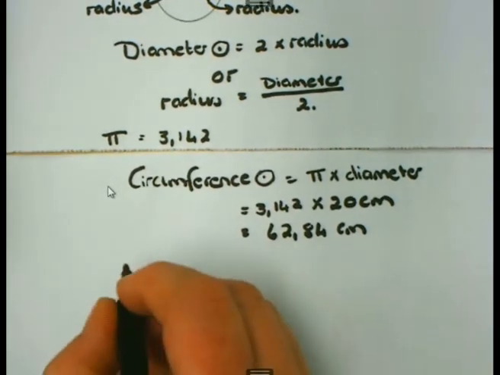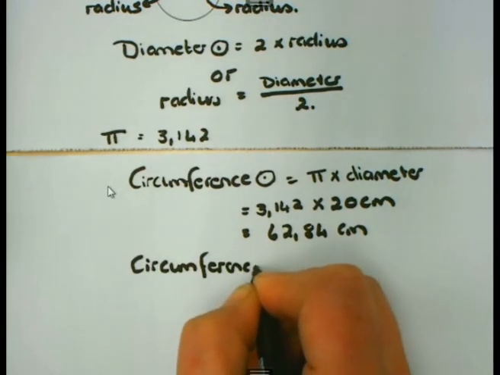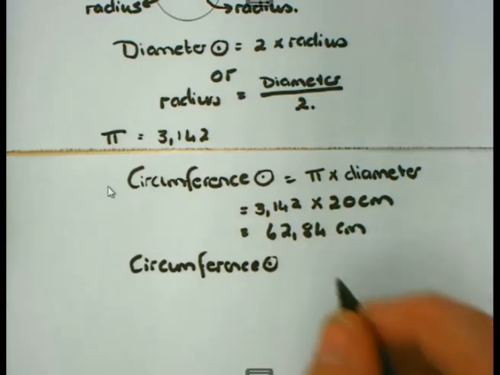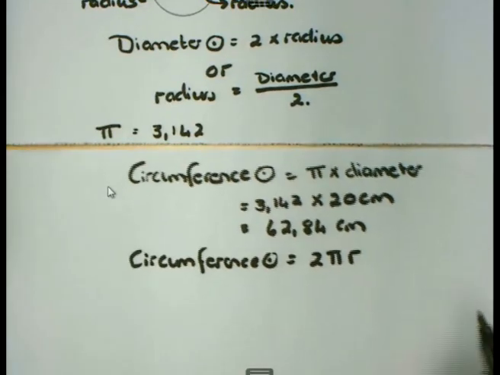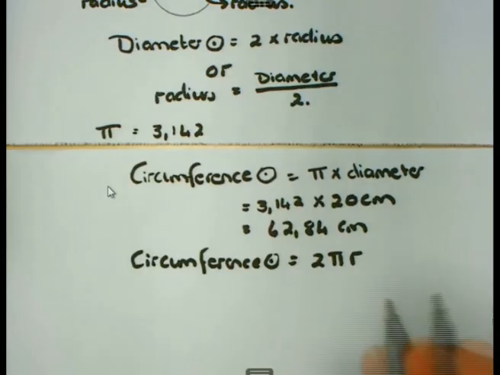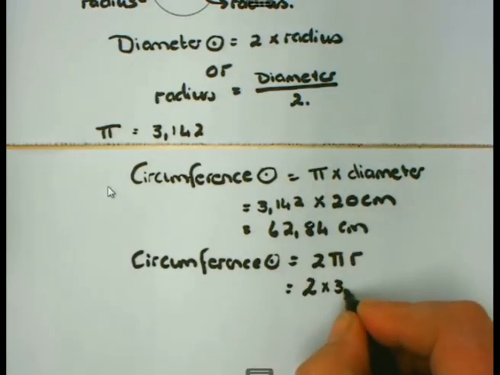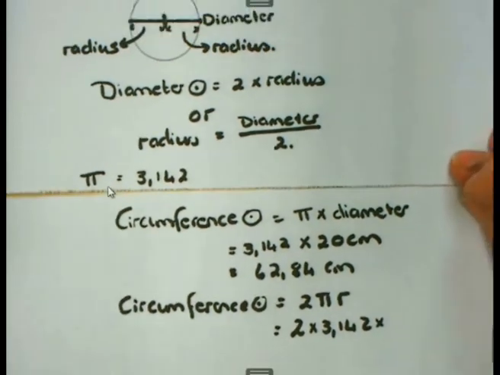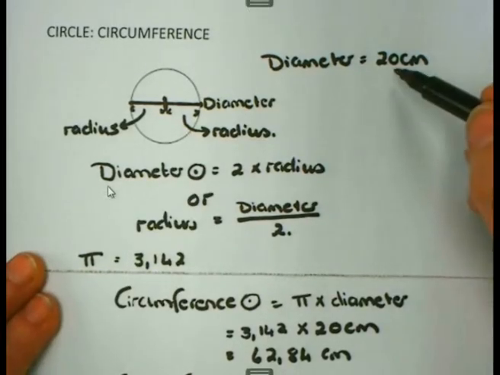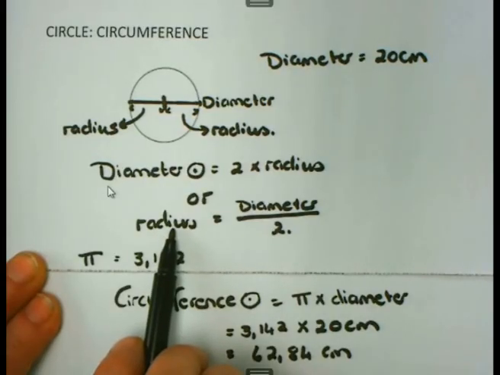Another formula that can be given to you to calculate the circumference of the circle is 2 pi radius. In other words, 2 times pi times radius. Now, 2 is just the number 2 as you know it. Pi, we are given that pi is 3,142. And now when it comes to the radius, we were not given the radius. We were given the diameter. But I see that I can get the radius if I have the diameter.